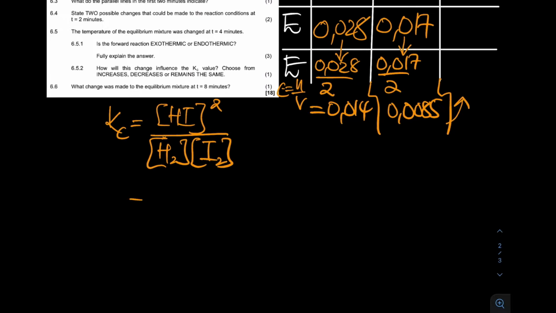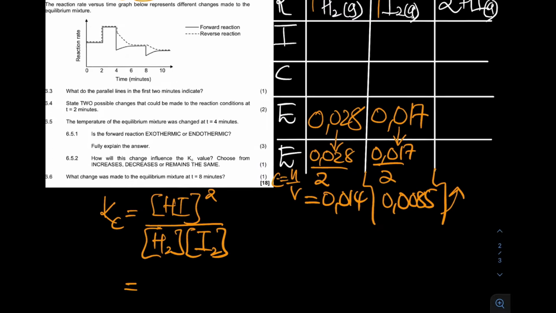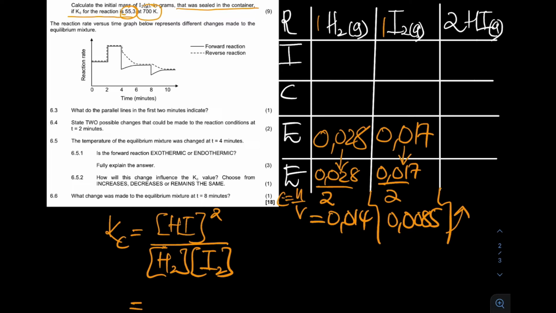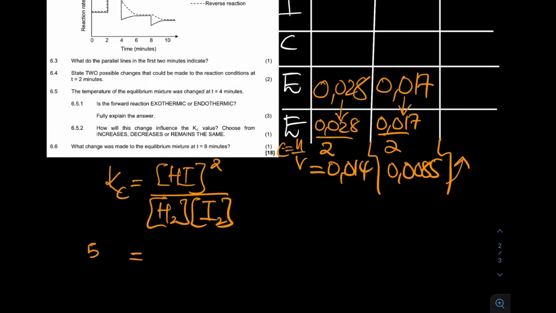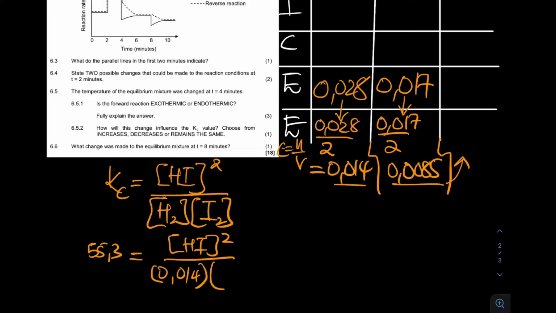So now let's substitute what we have. We're given the Kc value there, it's 55.3. We'll substitute the 55.3, and the concentration of hydrogen iodide, which is the product, is the one that we're looking for. The concentration of the hydrogen gas is 0.014, and the concentration of the iodine is 0.0085.